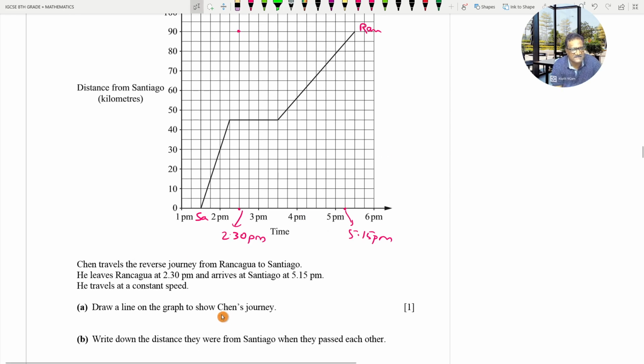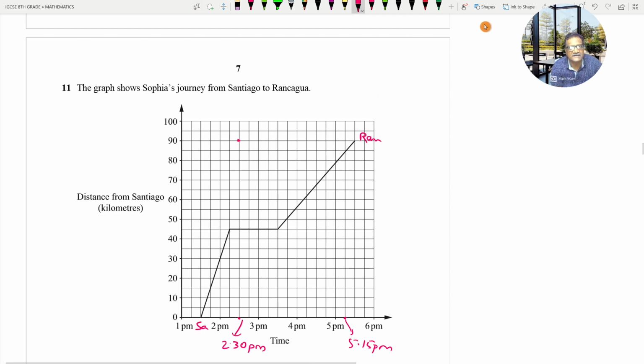Now what I will do is join these two points, so that will give me the graph of Shen's journey. He has asked for Shen's journey, right? It's a reverse journey from Rentagua to Santiago. Okay, let us see.